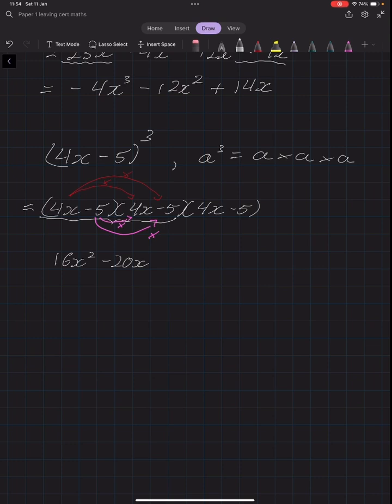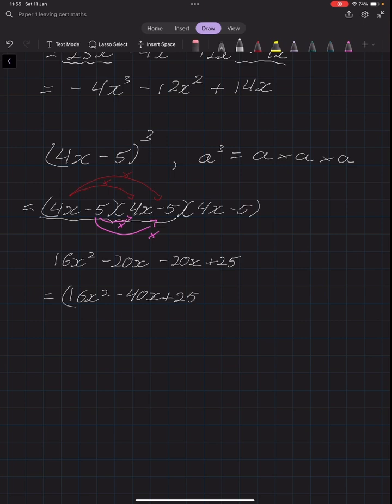Okay? Minus 5 multiplied by 4x is also minus 20x. And then minus 5 times minus 5 is plus 25, again because minus by minus is plus. And this is equal to 16x squared minus 40x plus 25.